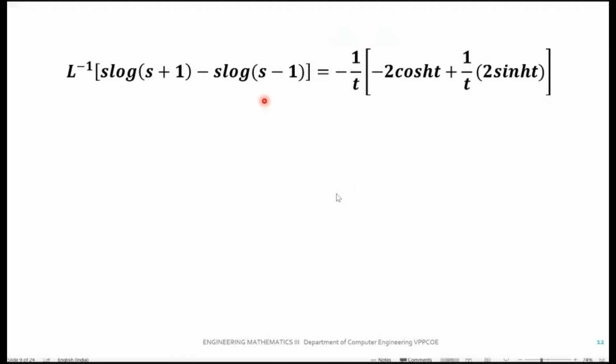तो हमारा पहला problem क्या था? This was the given problem. ये हमने already निकाला था. The second term का answer we have got 1 by t into 2 sin ht. Now simplifying the terms, maybe the minus sign can be taken inside, 2 can be taken outside, or maybe 1 by t can be taken inside.